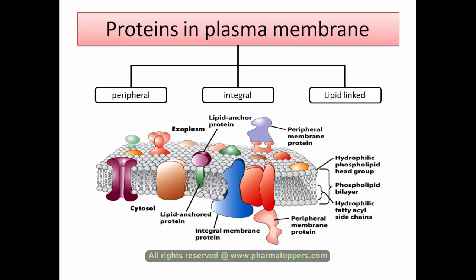In the case of peripheral proteins, electrostatic and hydrogen bonding interactions are the main interactions, while they do not act by means of hydrophobic interactions. For example, spectrin and ankyrin are peripheral proteins responsible for the shape and flexibility of RBC.